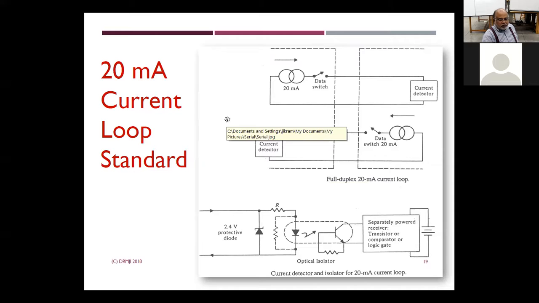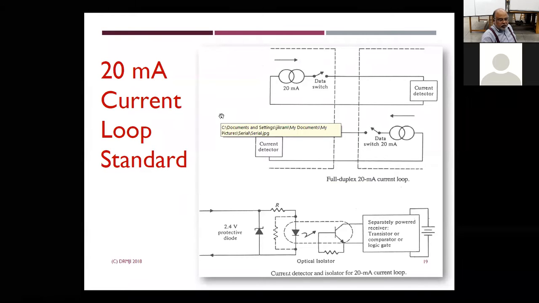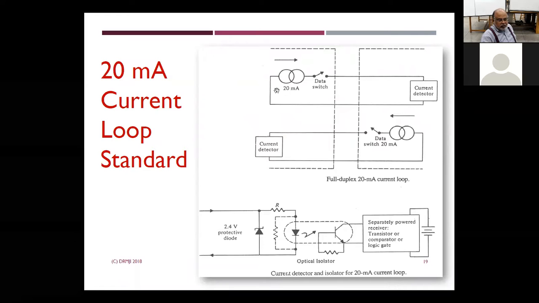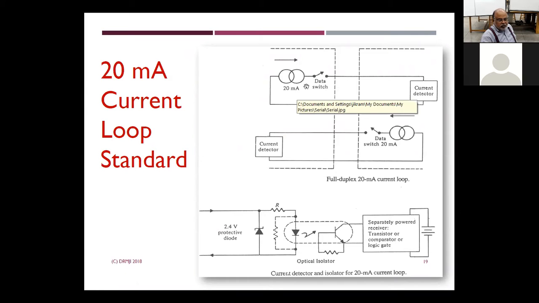Basically, you have a current source on the transmitter side that has 20 milliampere current. So it can have zero current or 20 milliampere current. On the receiving side, all you need is a resistance of 250 ohm. So 20 milliampere multiplied by 250 ohm, what do you get?